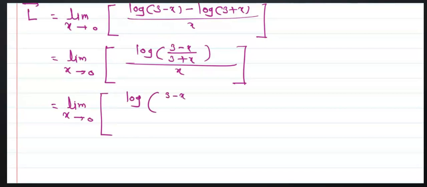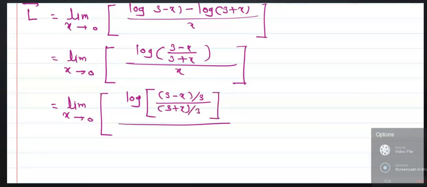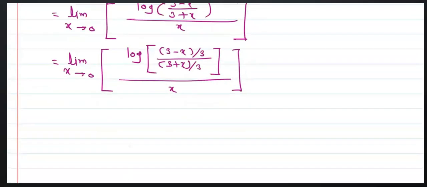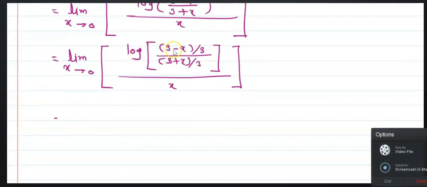Log of 3 minus x upon 3 plus x upon 3. That is, divide this numerator and the denominator by 3, because what's the basic formula for this log?